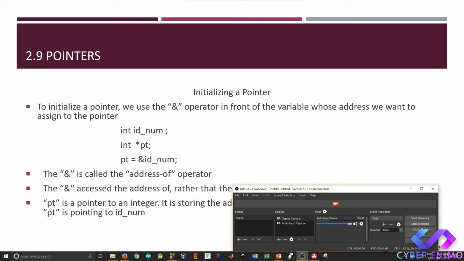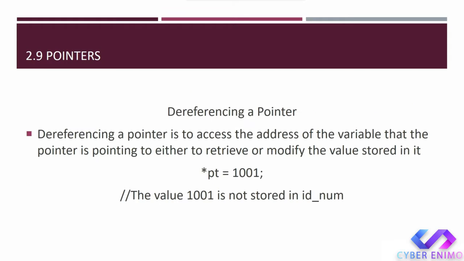The ampersand indicates that we would like to store the address instead of the value. Now pt is initialized and it's storing an address, or it's pointing to an address in memory.